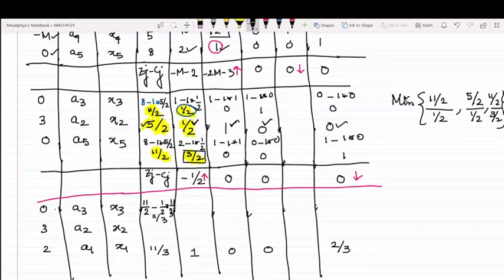This would be, it was initially half minus half into what we got, that is 1. So it is 0. This one would be, it was initially 0 minus half into what we got, that is 0. So this is again 0.